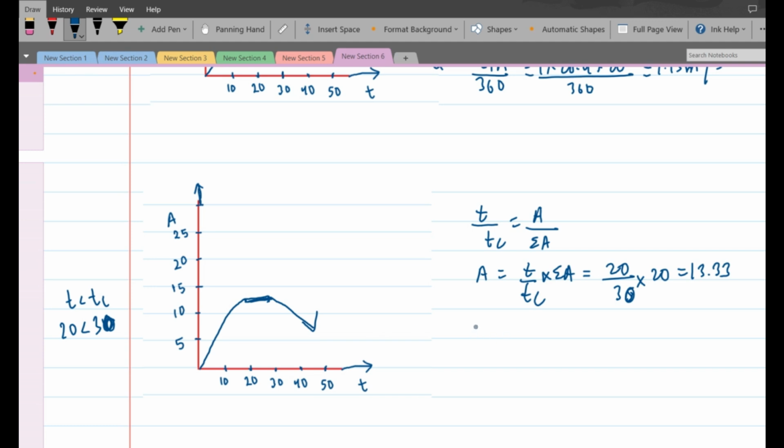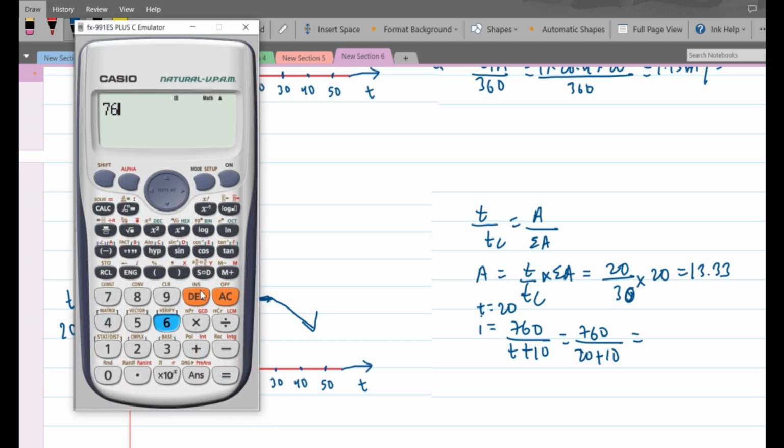Now for I, T is equal to 20, so I equals 760 by T plus 10, right? So 760 by 20 plus 10. It will be 760 by 30, which is 25.33.